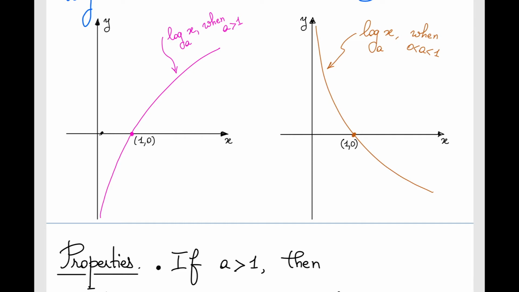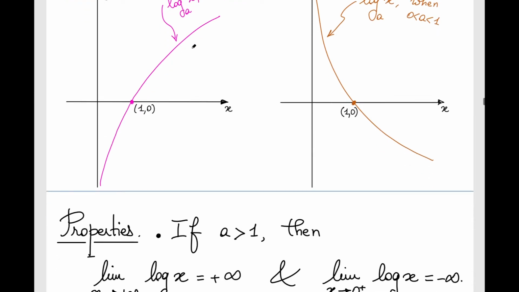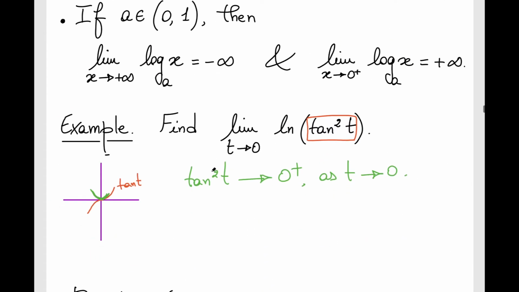Well, if x is going to 0 plus, the function is going to minus infinity. Correct? When x is going to 0 from the right, the function is going to minus infinity. So if that guy is approaching 0 from the right, the whole thing is approaching minus infinity. And that's the situation I have.